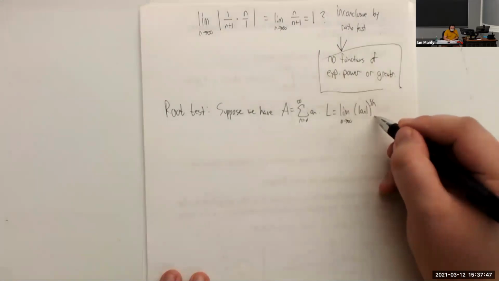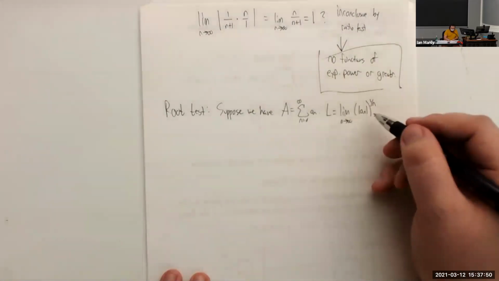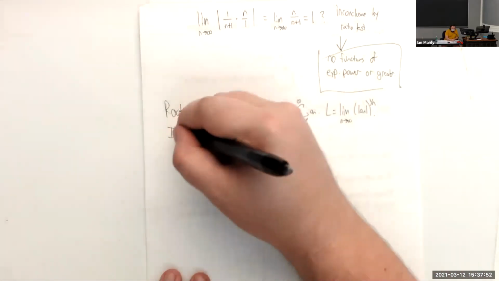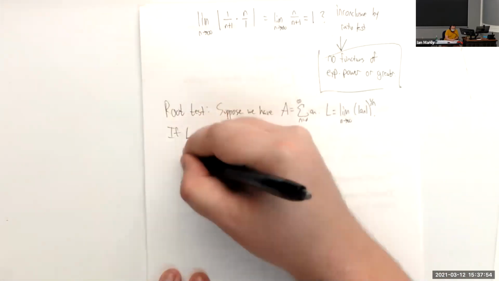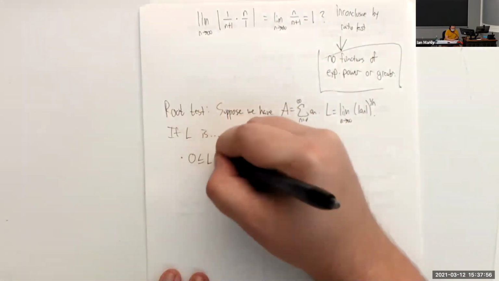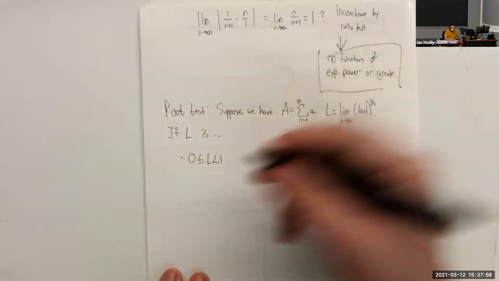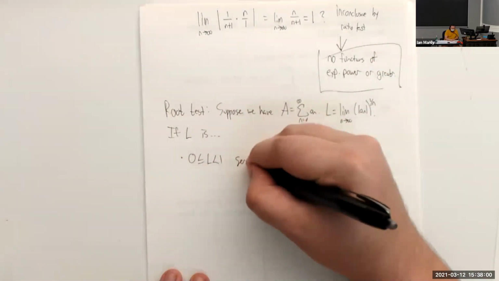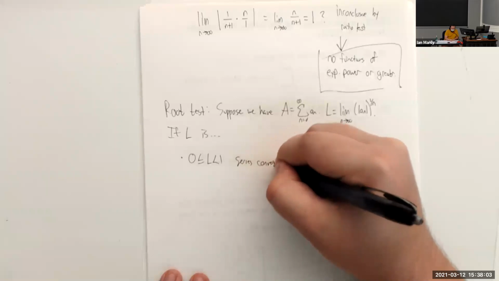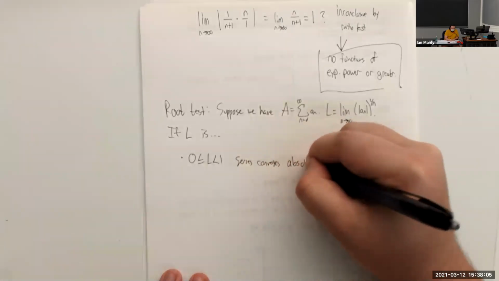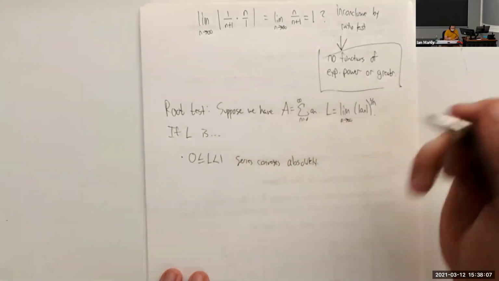So we're going to compute this limit, and then based on what this limit L is, if L is between 0 and 1, including 0 but not 1, the series converges absolutely, if that's a distinction you care about.